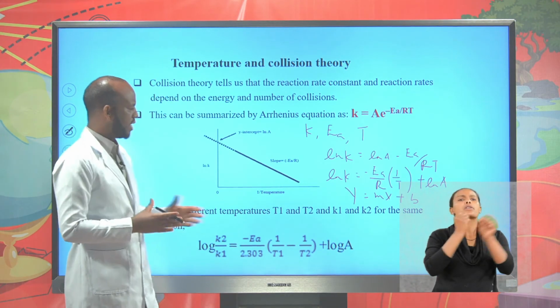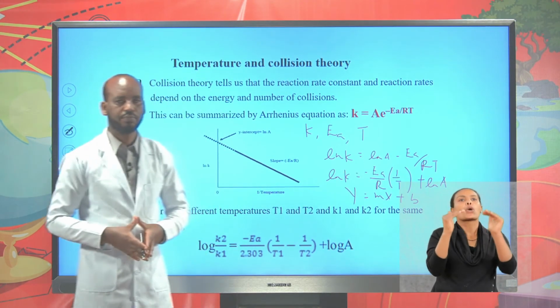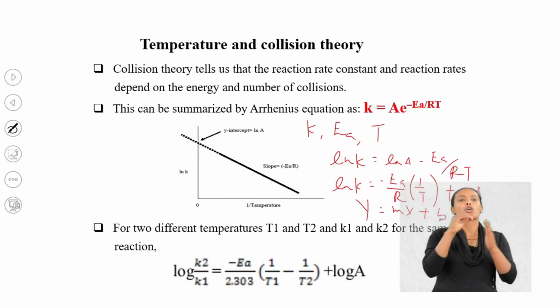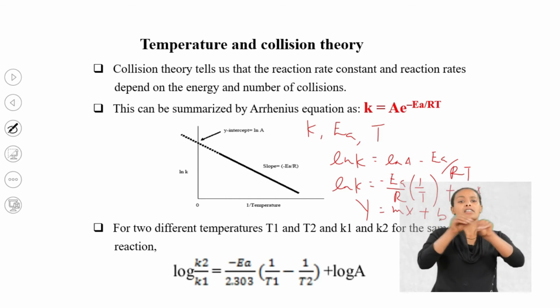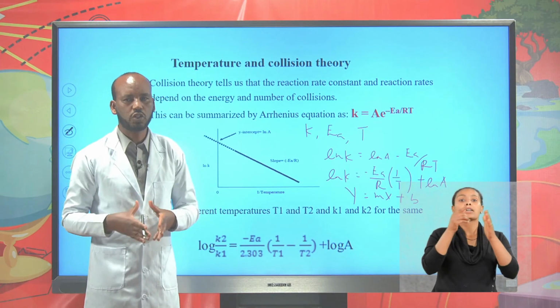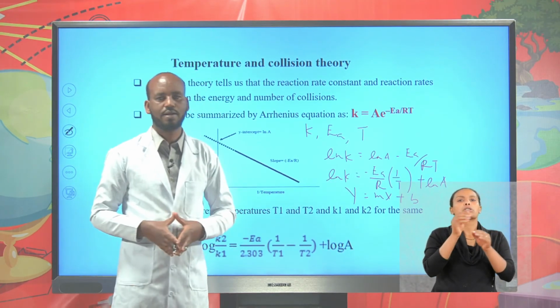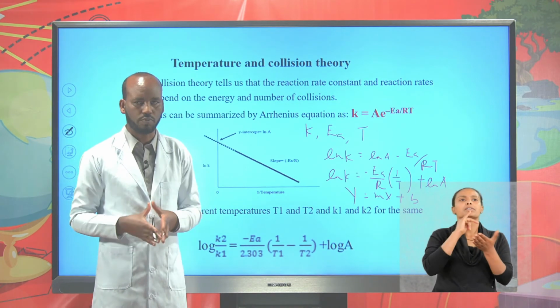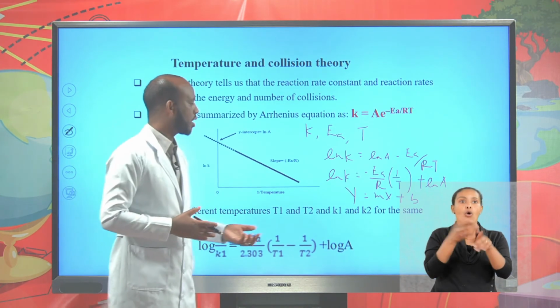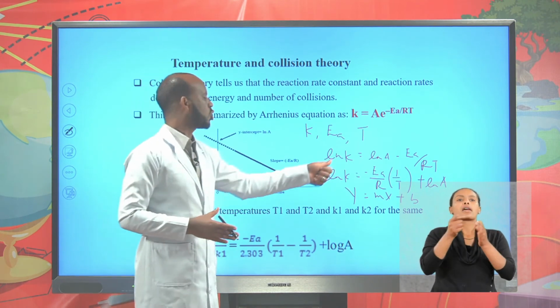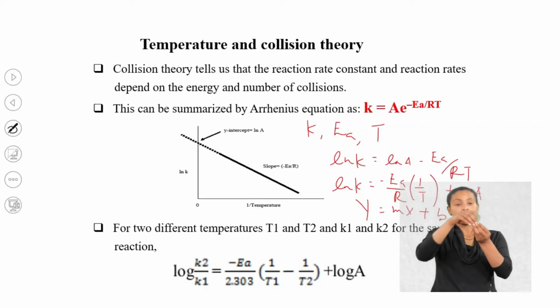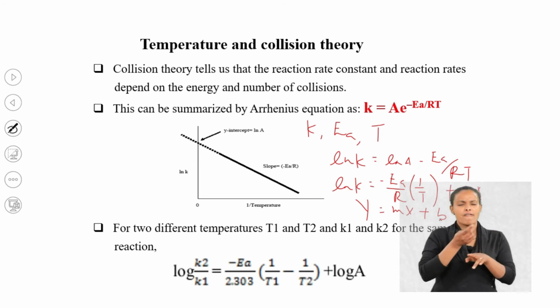What do you understand from this equation? This equation shows that for a reaction having a large value of activation energy, its rate constant is small and the reaction is slow. When the temperature of the reaction increases, the rate constant also increases and the reaction is fast.